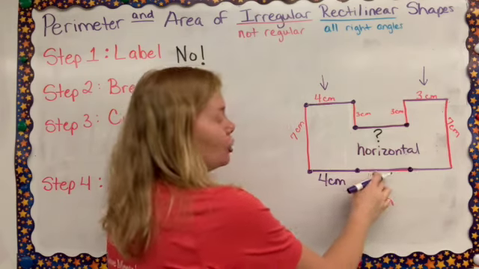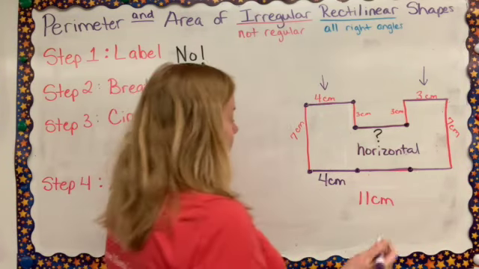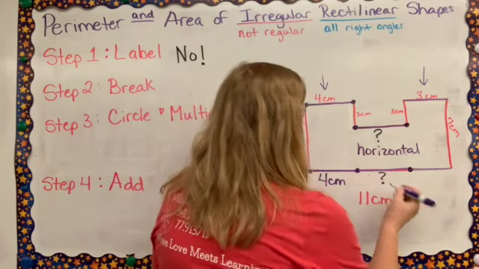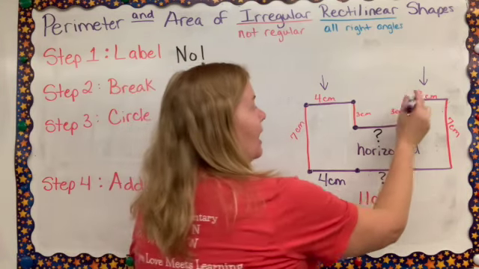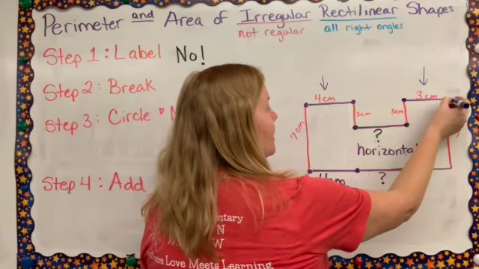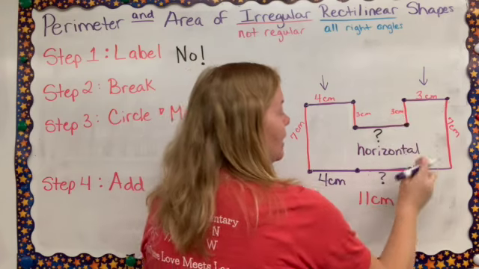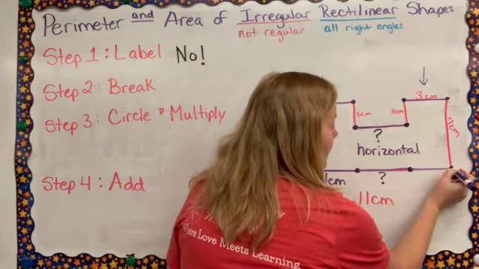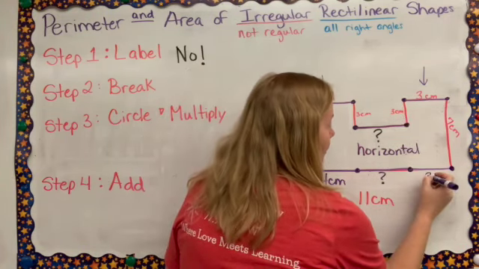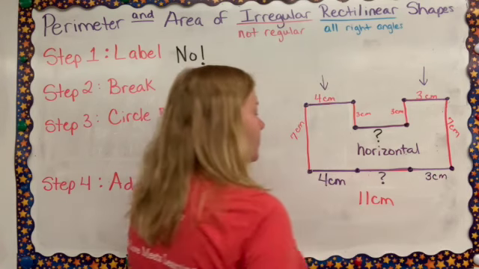Now we have dot to dot or corner to corner. Dot to dot. Do we know what that is? No, we do not. Then we have dot to dot. This is 3. So dot to dot, this is perfect, 3 centimeters.